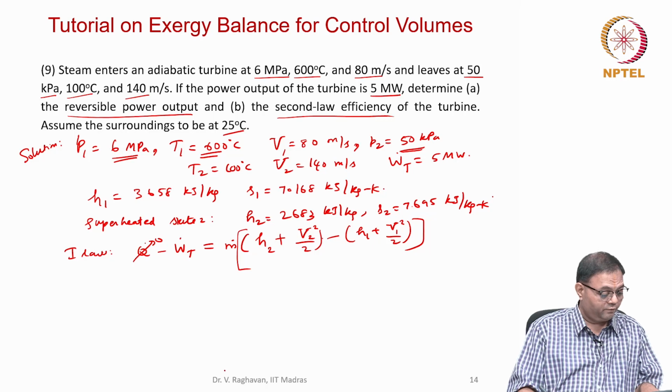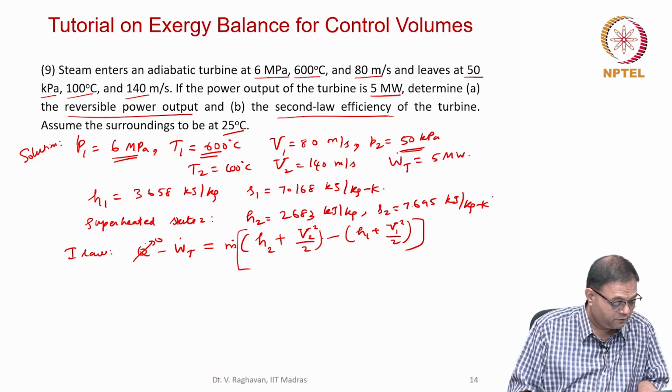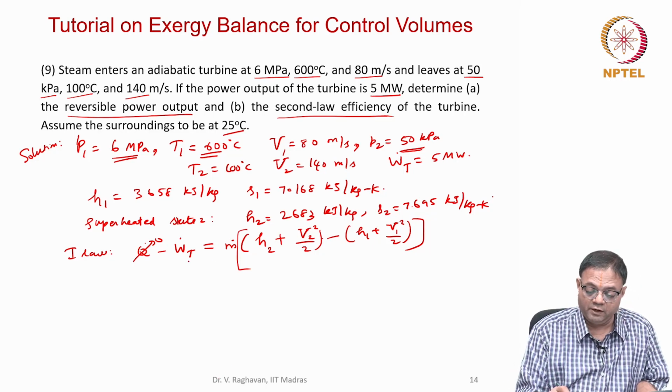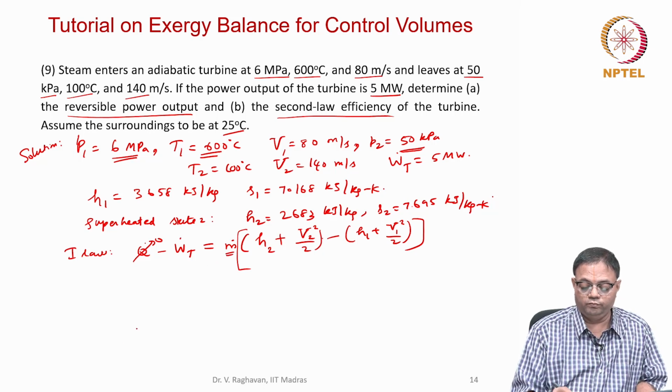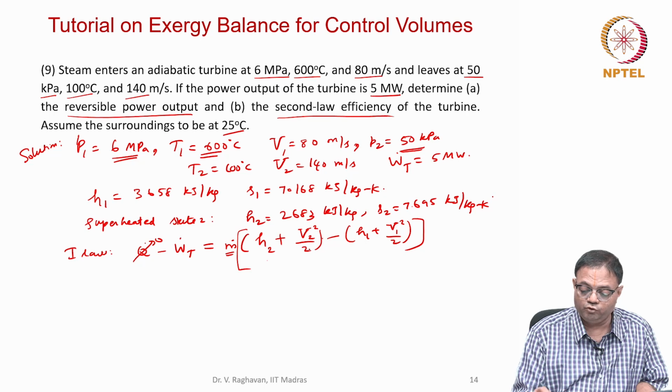So that is the thing. When you apply this, everything is known here except the mass flow rate. The enthalpy values H2, H1 are known, and V2, V1 are known.